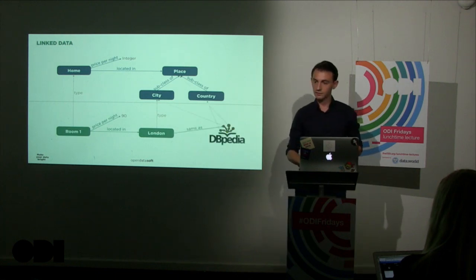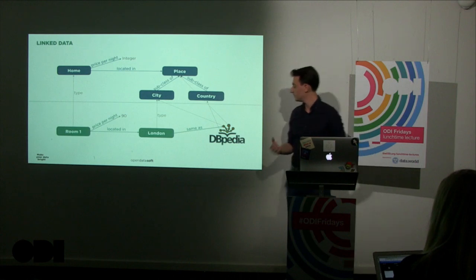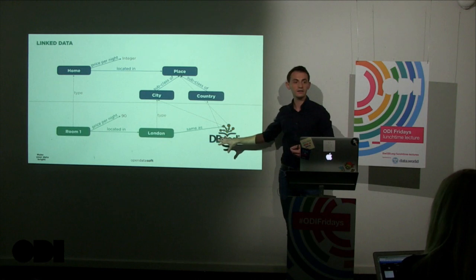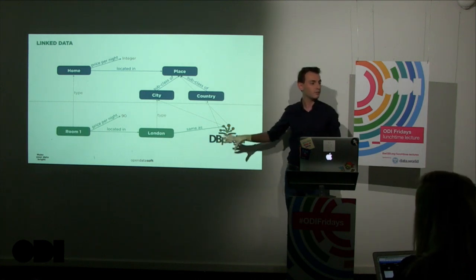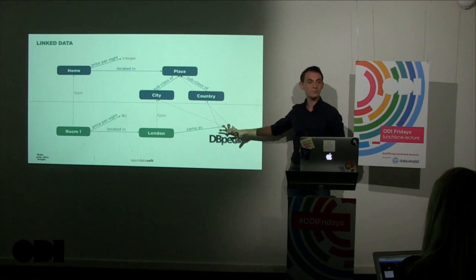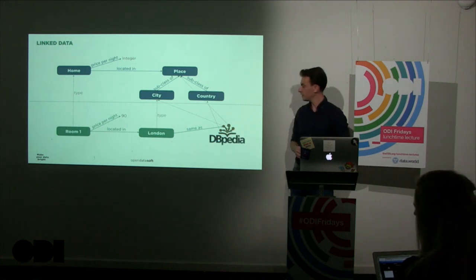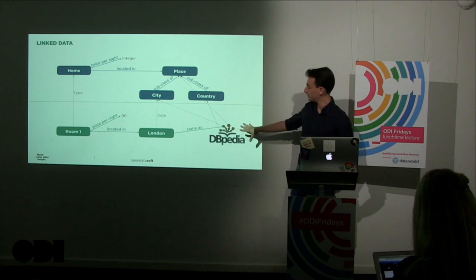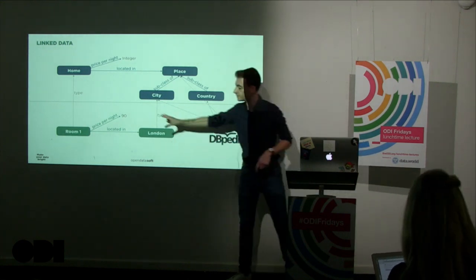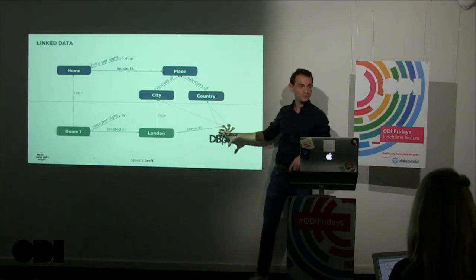If we look at other data sets in linked data, like DBpedia, which is the linked data version of Wikipedia, we see that there are links created between our data set and DBpedia.